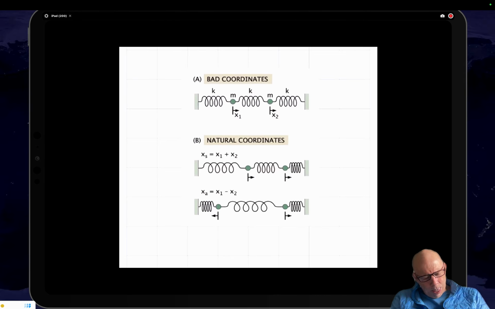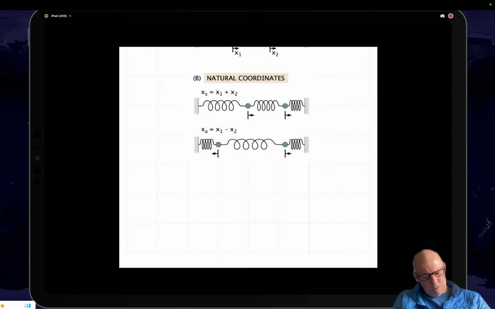So here at the top, I show you a coordinate system in which the positions of these two masses are the Cartesian coordinates x1 and x2. So x1 is how far the first mass is displaced from its equilibrium point. x2 is how far the second mass has been displaced from its equilibrium point.